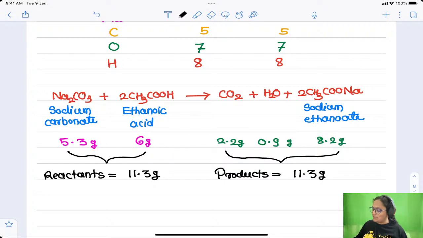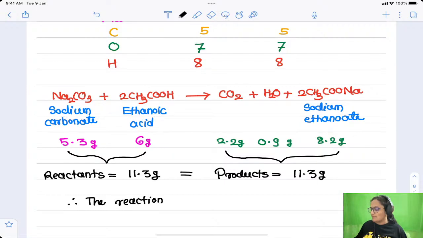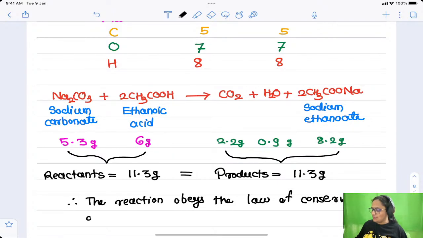As both the weights are equal, we can conclude that the reaction obeys the law of conservation of mass. So this is how we can solve a question based on the law of conservation of mass.